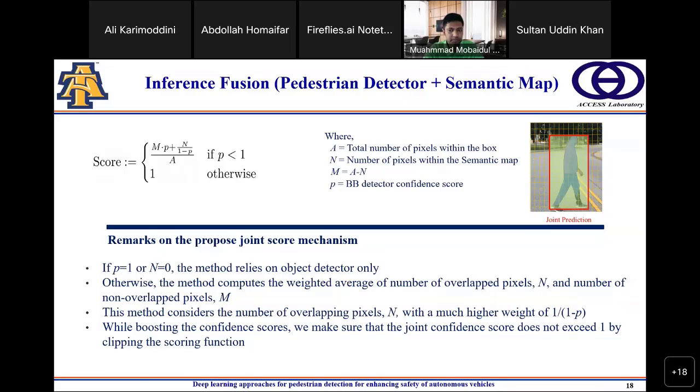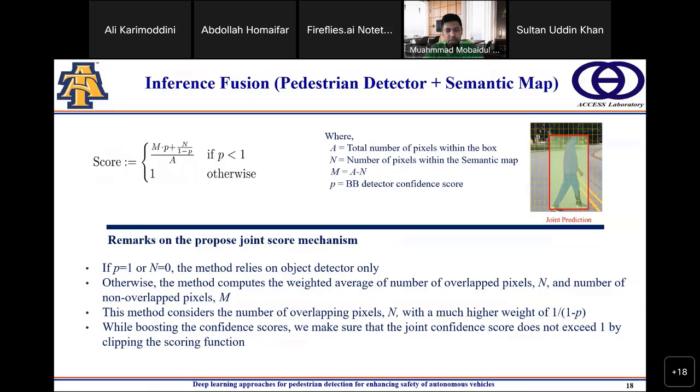These are the two special cases where the model doesn't take any information from the semantic segmentation network. Otherwise, the method computes the weighted average of the number of overlapping pixels N and the number of non-overlapping pixels M. This method considers the number of overlapping pixels N with a much higher weight, which is 1/(1 minus p).